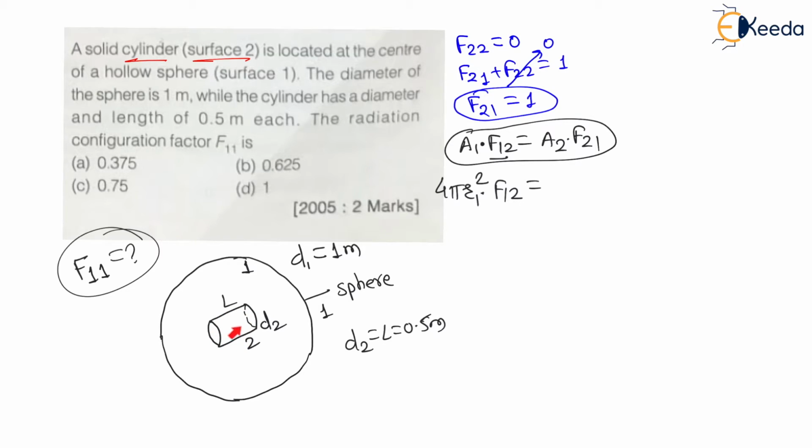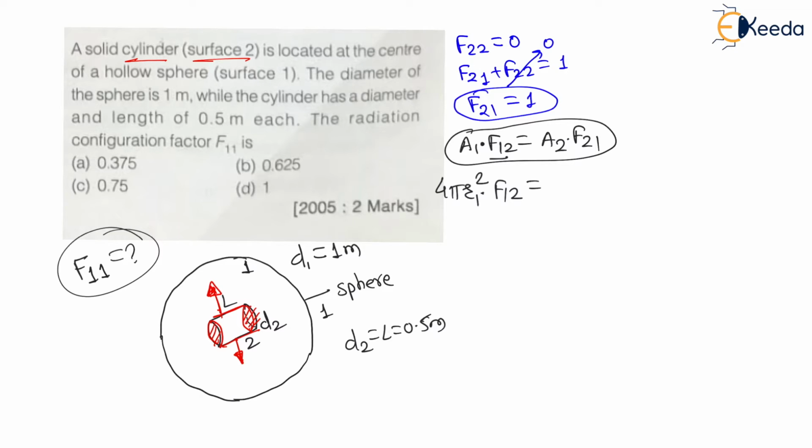Now let us concentrate here. Here maximum students will make a mistake. Which area of the cylinder is in contact with the sphere for the radiation heat transfer? I can say from the circumferential area, that is the surface area, as well as from the cross-sectional area, and from the cross-sectional area on the other side, there is heat transfer.